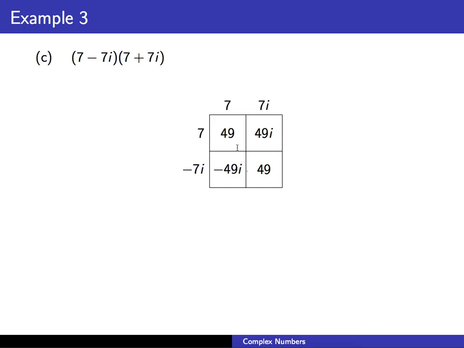Now combining like terms, 49 and 49 is 98. The 49i and negative 49i cancel each other out to 0. So our answer for example 3c is 98. Notice we do not have any imaginary part to this answer. It's just 98, not 98 plus 3i or anything like that. We'll talk about that in the next video as well.